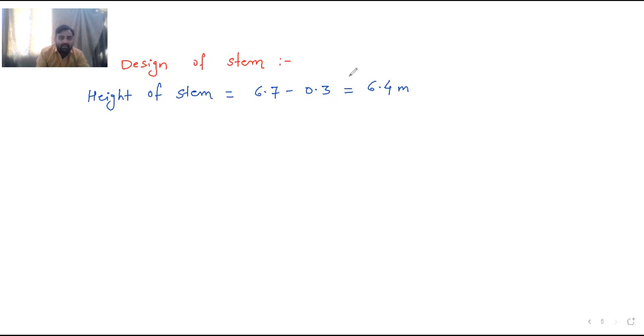So now calculate the maximum lateral pressure on stem. Maximum lateral pressure. Now I am talking about the pressure. I am not talking about the force on stem. The maximum lateral pressure will be K into gamma into H. Okay, so here the height h is 6.4. I will use the notation h1 so that you will not get confused.